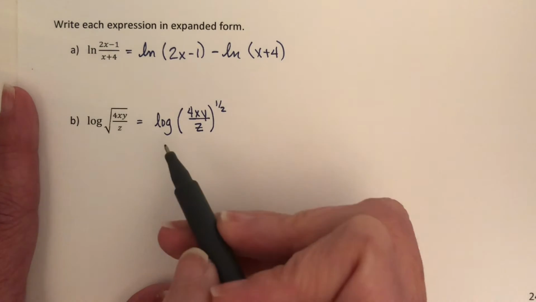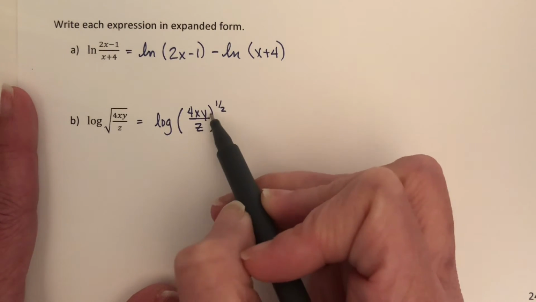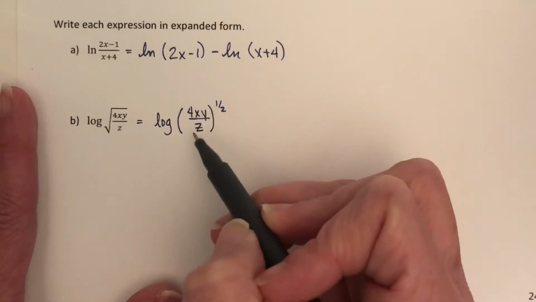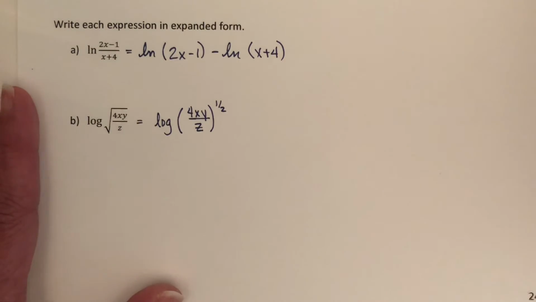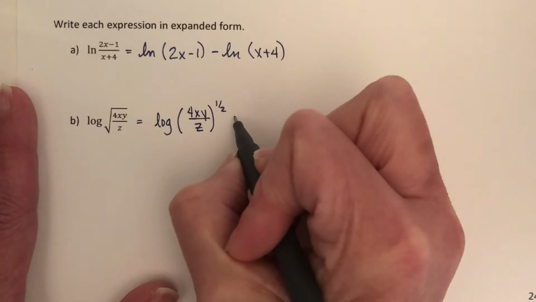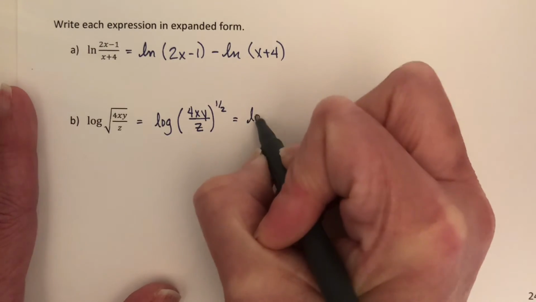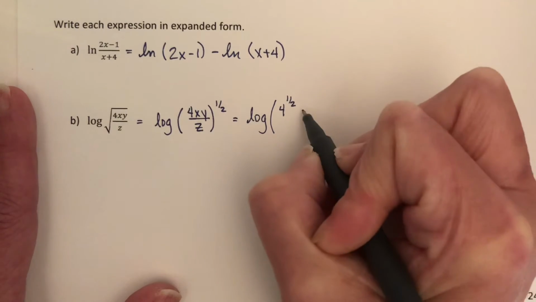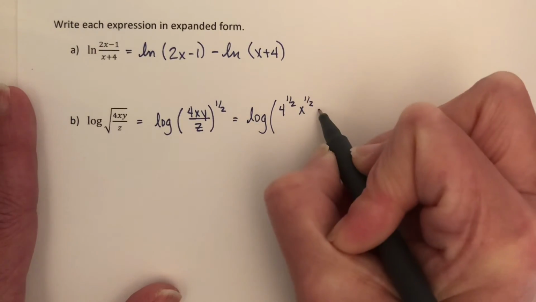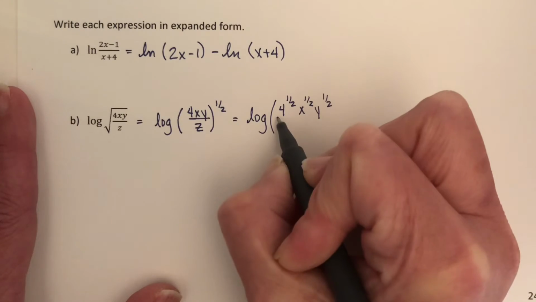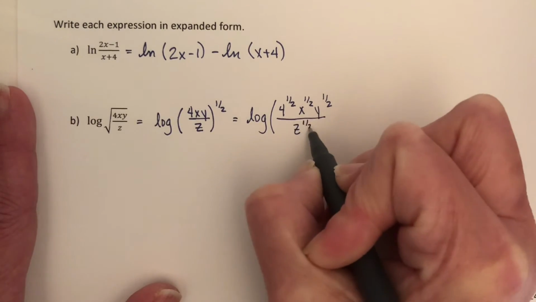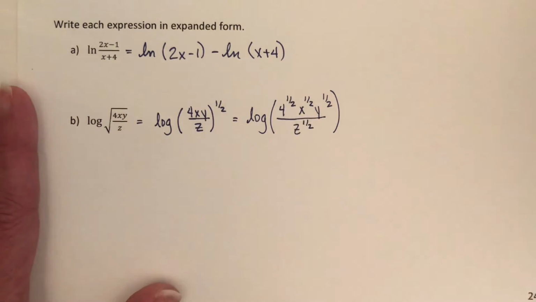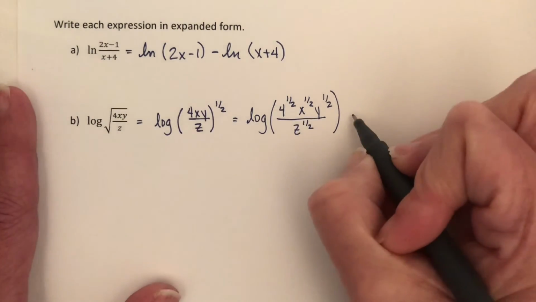Okay, now one of our rules of exponents is that you can take this exponent and apply it to everything as long as it is addition and multiplication only. Additions and subtractions mess this up. But I can change this to log of 4 to the 1/2, x to the 1/2, y to the 1/2, and z to the 1/2. Well, 4 to the 1/2 power, that's the square root of 4, so that's just 2.